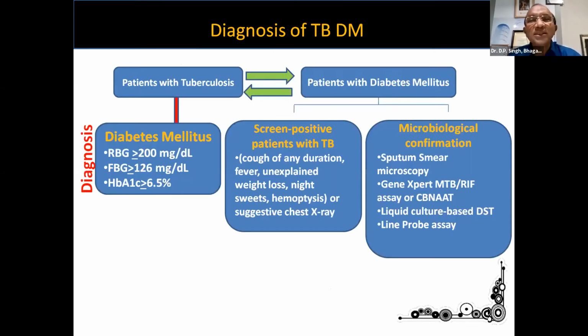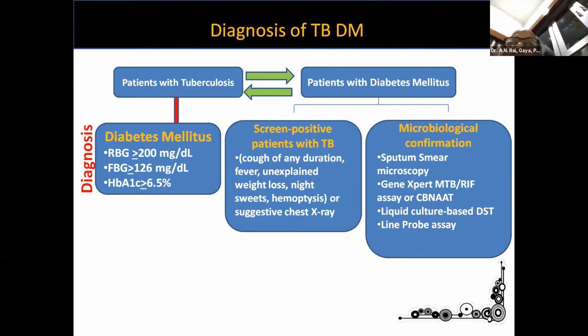So, my dear friends, any patient of tuberculosis must be investigated for random blood glucose, fasting blood glucose, or HbA1c. And any diabetic patients should be screened for cough of any duration, not necessarily 14 days, fever, unexplained weight loss, night sweats, hemoptysis, or X-ray should be done if there are any respiratory symptoms like cough.